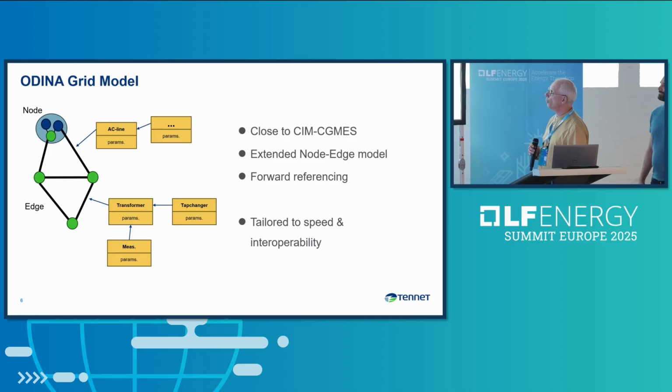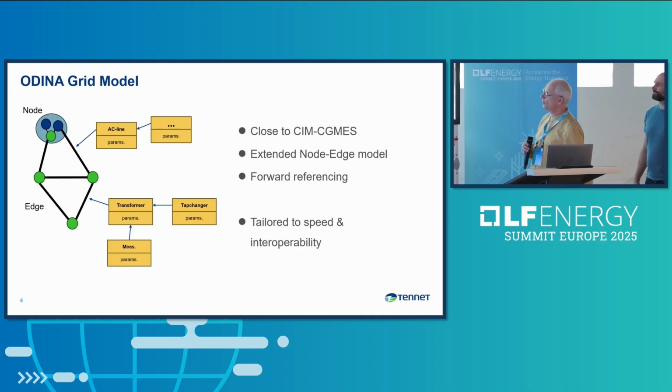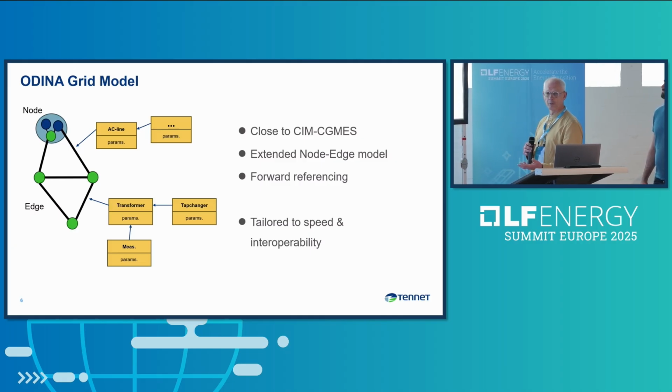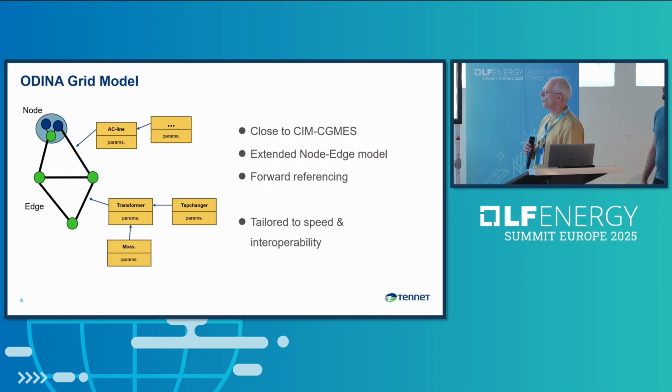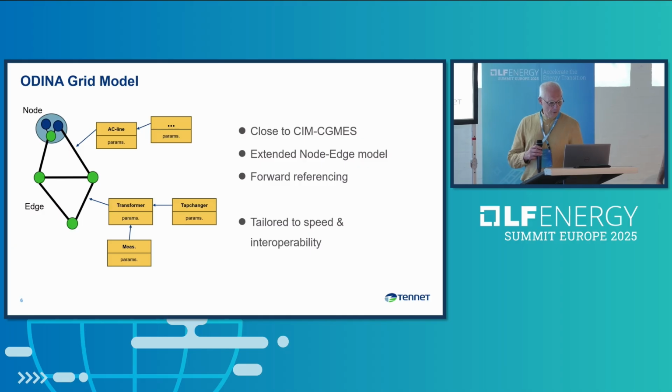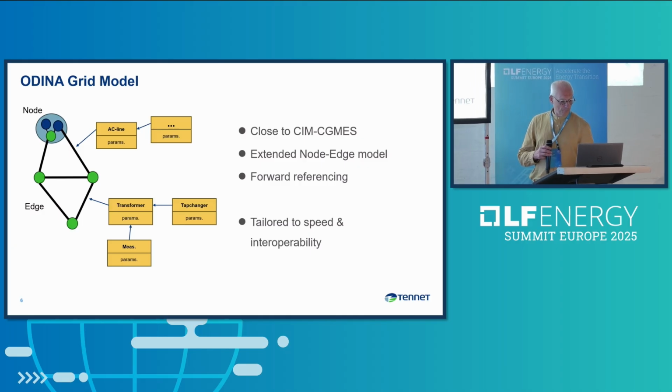So what we thought about is that we basically have a node and edge model, but by forward pointing objects, we can enhance it and we can just add more data whenever we want without actually having to change the original node edge model. So we have a stable node edge model. Any additional data that we need, we will add to it by forward pointing. And we will never point back, because then we need to change the node and edge model, which we don't want to do. And this model is tailored to speed and interoperability.